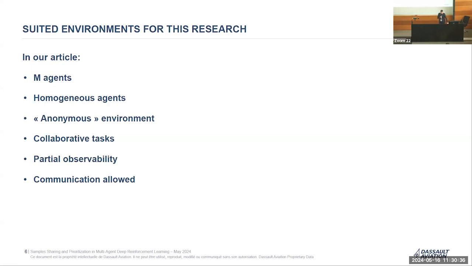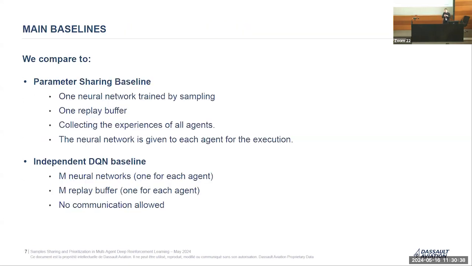So in this kind of environment, it's necessary to identify the baselines a multi-agent expert would immediately think of. The first baseline is the parameter sharing baseline. Let's focus on DQN being the base agent for our study. In the parameter sharing baseline, we have one neural network and one replay buffer where everything can be found.